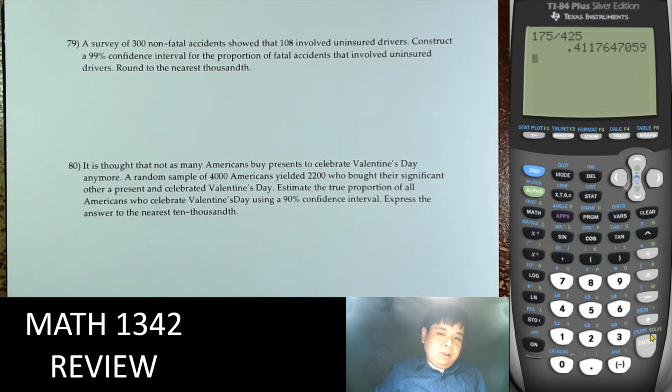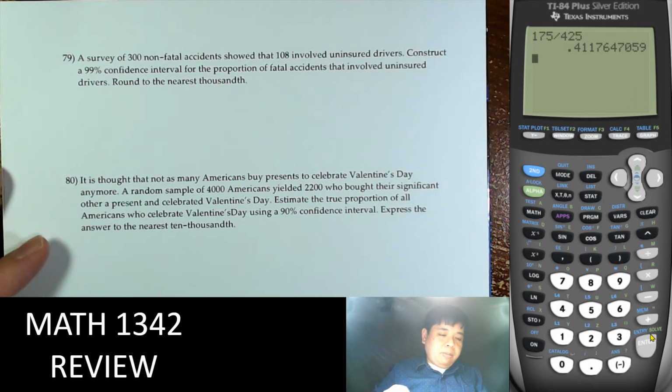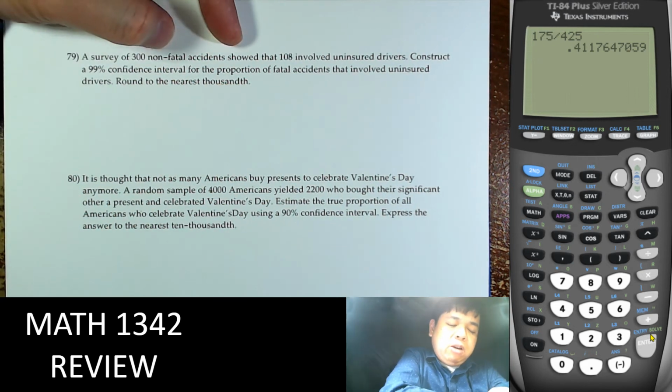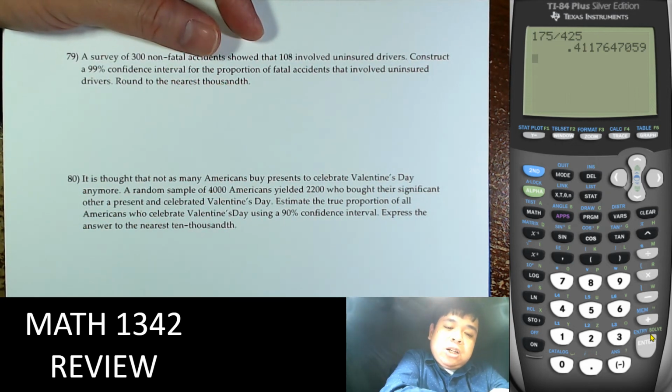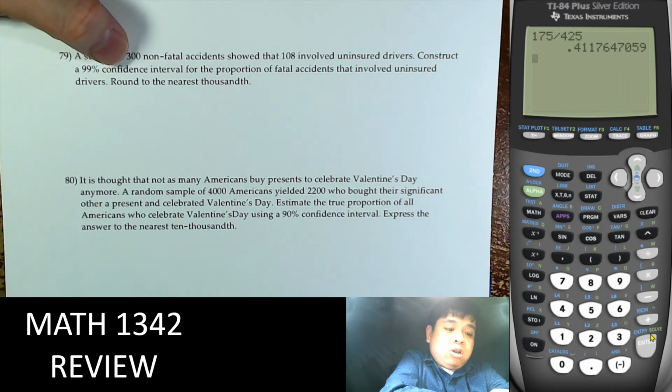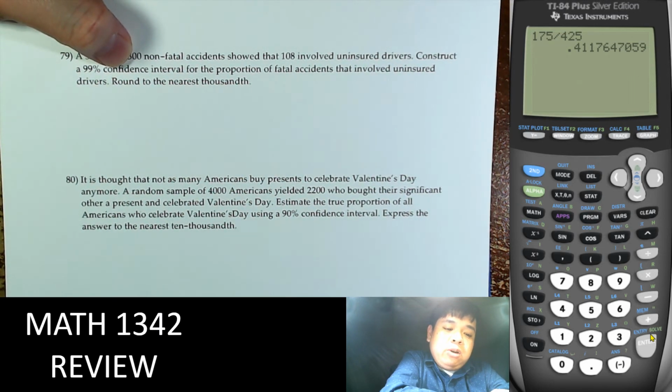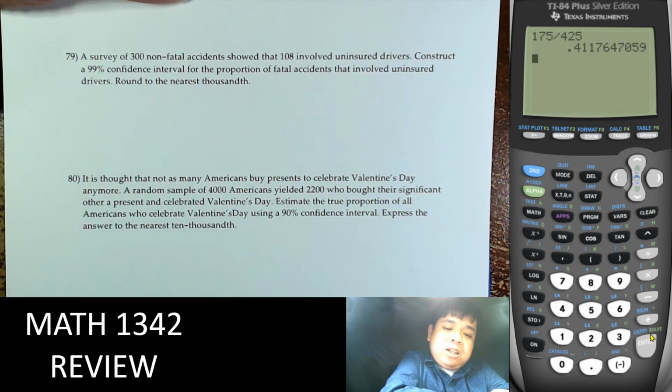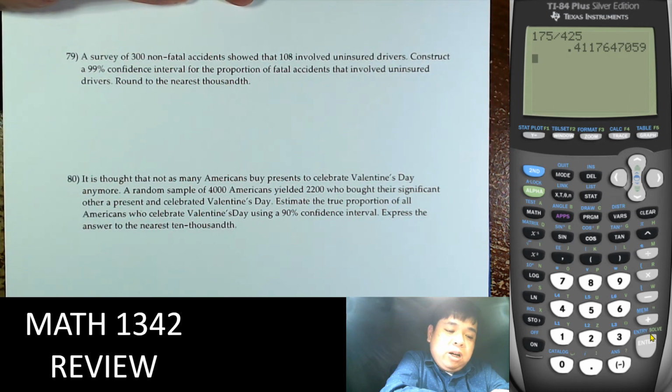Right. Next. A survey of 300 non-fatal accidents showed that 108 involved uninsured drivers. Construct a 90% confidence interval for the proportion of fatal accidents that involve uninsured drivers.